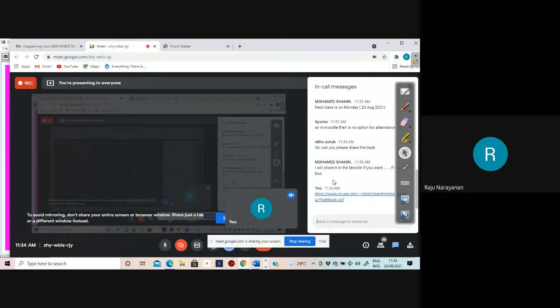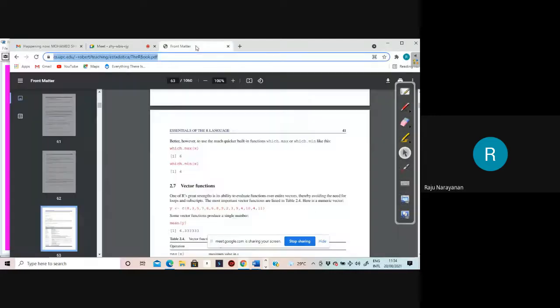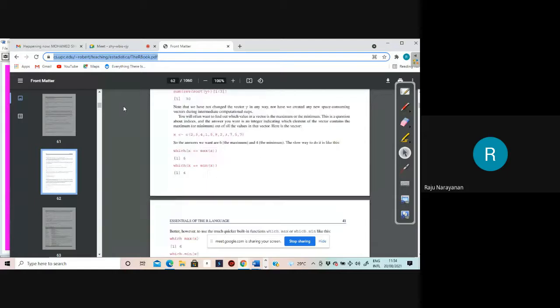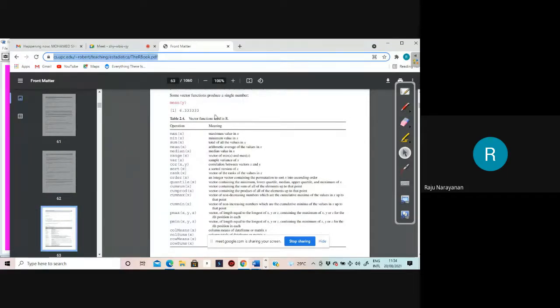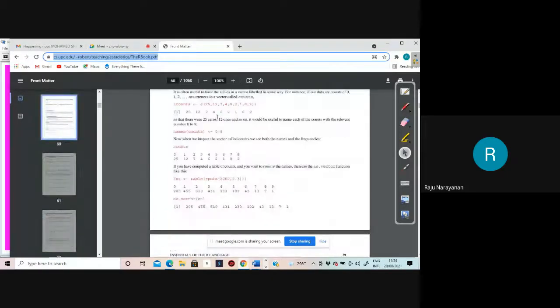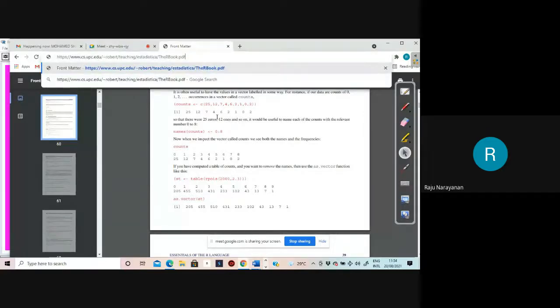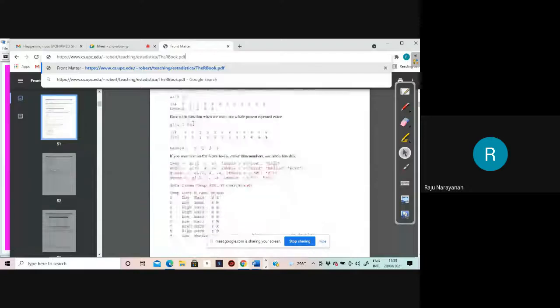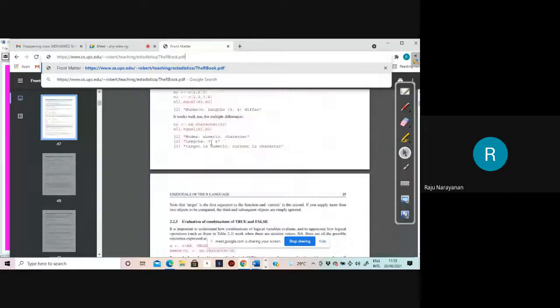I have already downloaded it. Otherwise, you just search for the R book. Of course, this is a first edition, I think. If you want to get the new edition, you have to pay money. But even this first edition is more than sufficient for us.